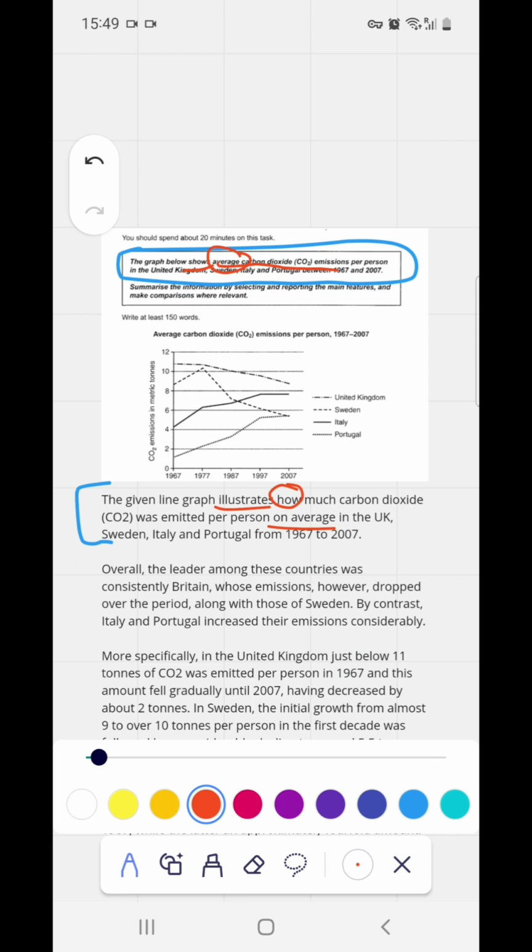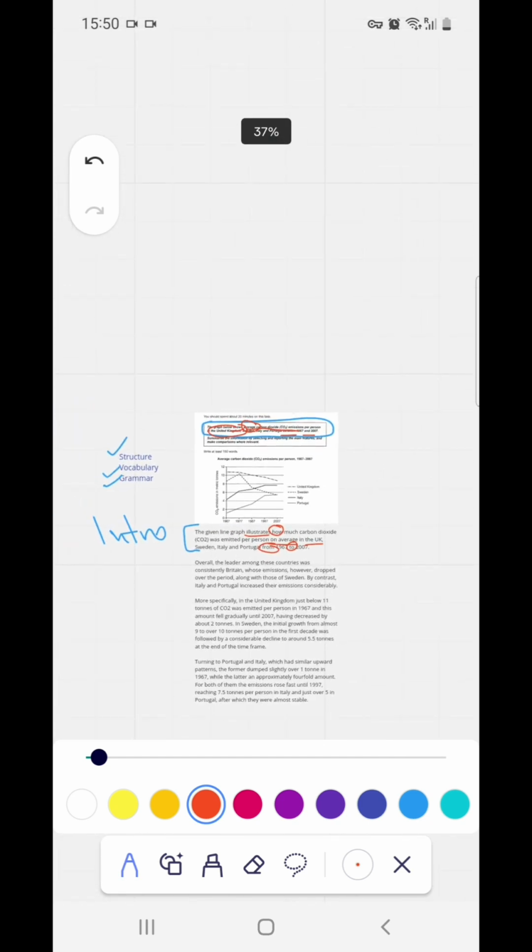I also used an alternative spelling or way of writing of the United Kingdom, and I changed between and into from to. So as you see, I didn't change every single word, but the sentence still looks pretty different. Okay, so that was our introduction.